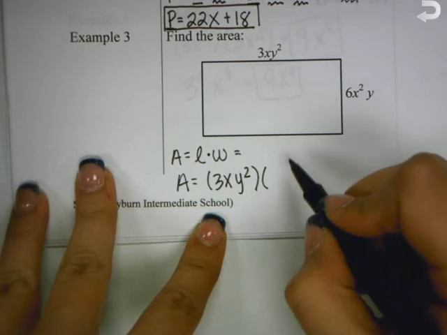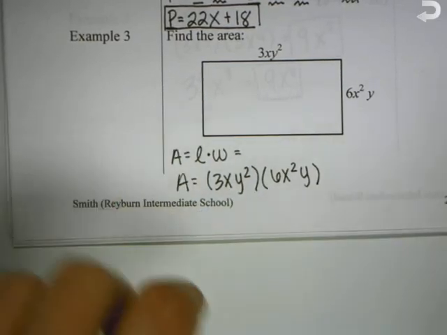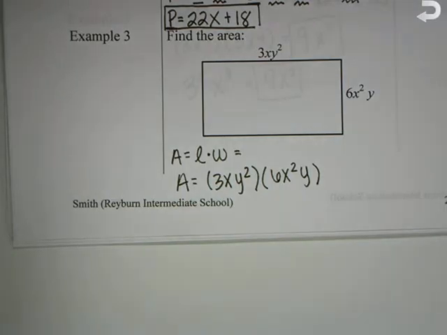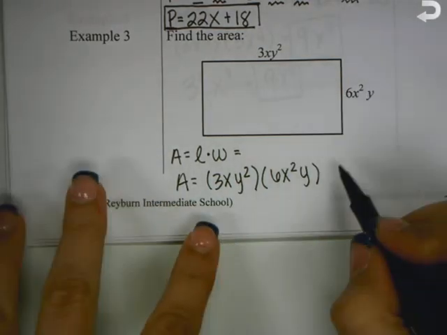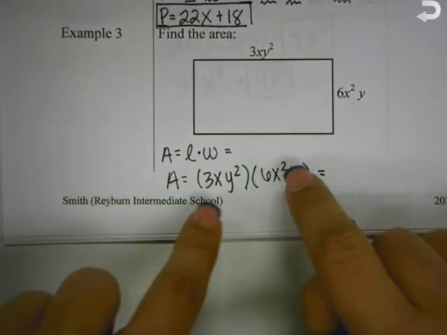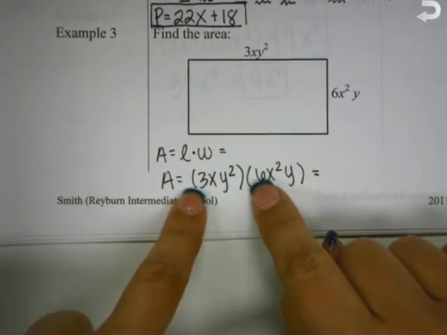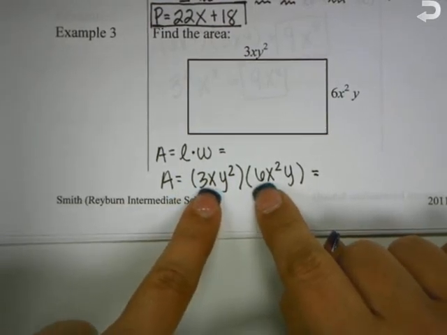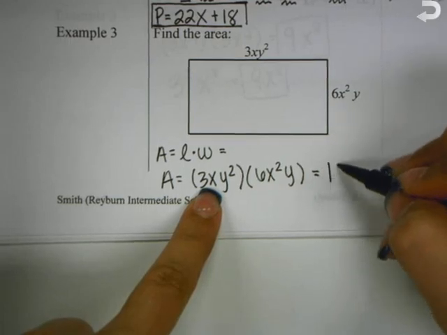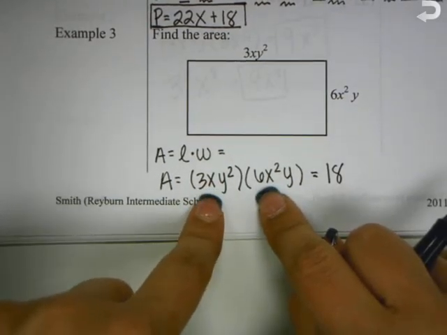So the first thing I have to do is just set up the problem. Then we're going to do signs, numbers, variables. Signs. Positive times positive gives me a positive. Numbers, 3 times 6, 18. And then we multiply the variables. What happens with the exponents when I multiply the variables? Very good, I add them. So we have x to the what?